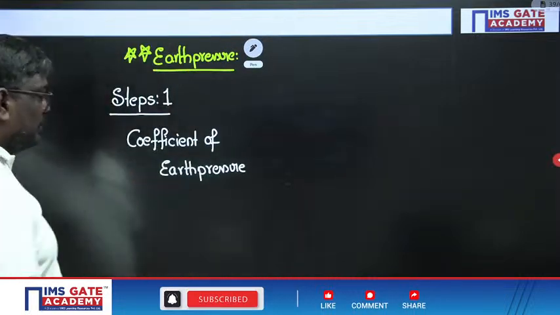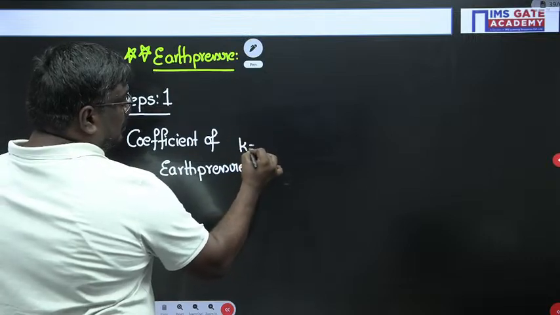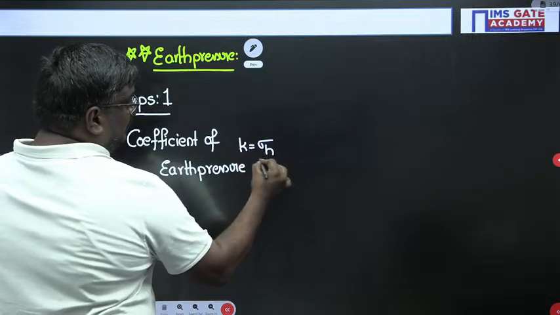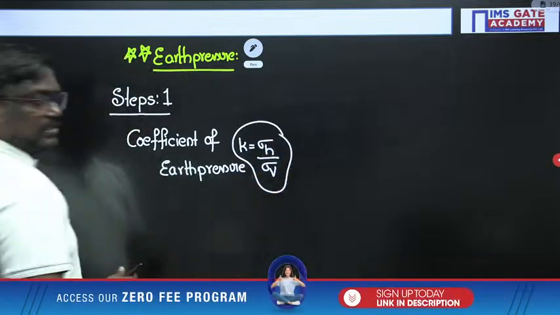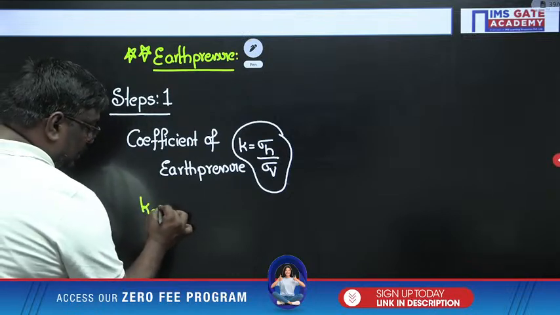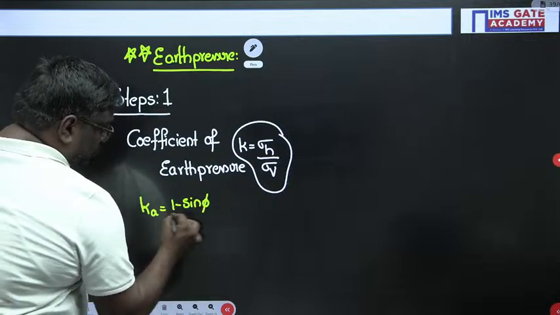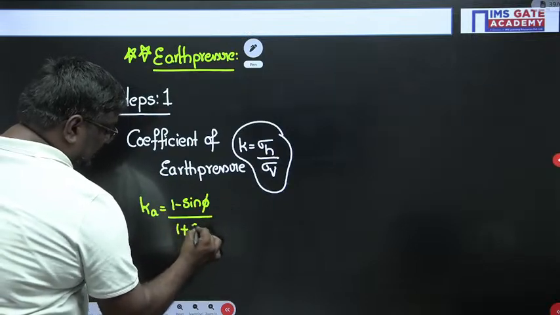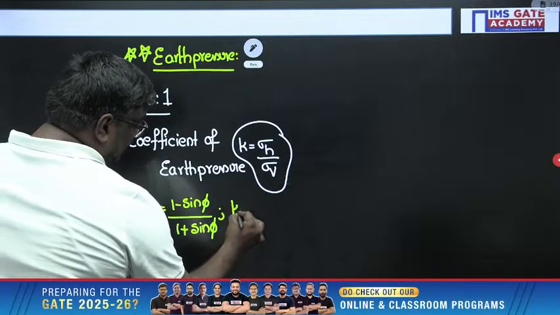Coefficient of earth pressure K is defined as horizontal stress upon vertical stress. Now, with respect to earth pressures, what is Ka? Ka is equal to 1 minus sin phi upon 1 plus sin phi. What is Kp?